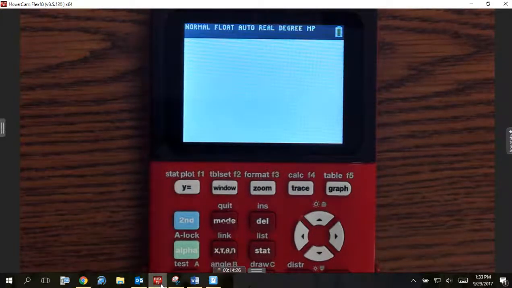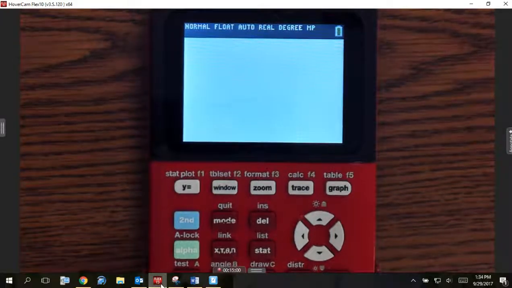Okay, so we're going to do statistics, and we've done this before. So we have to enter in some information. Back to the notes. We're going to go to stat.